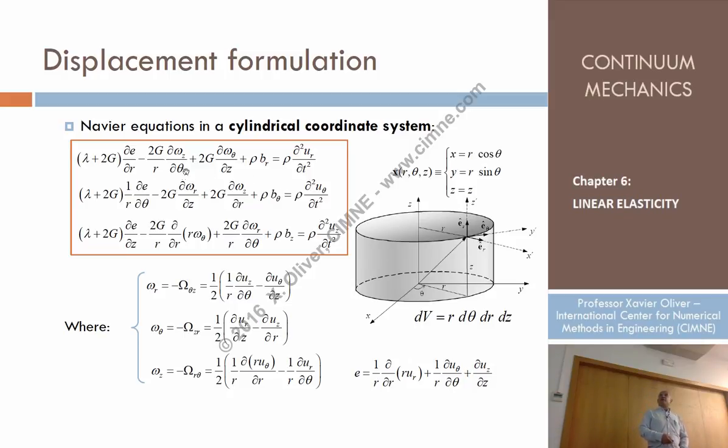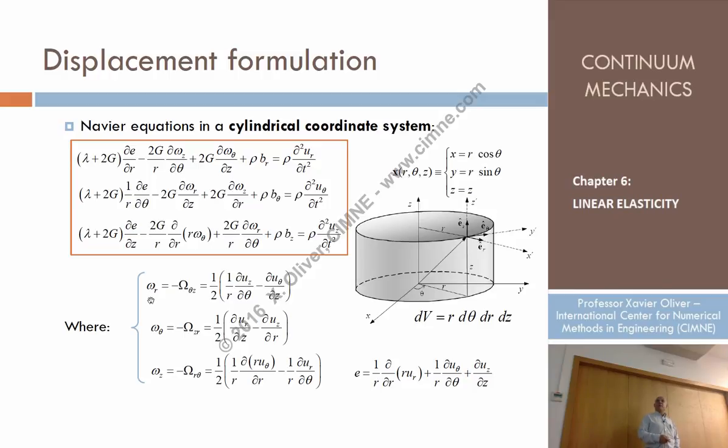And, well, you know that in order to compute these equations, they are written in such a structured way. First you compute the E. What is E, remember? What did we use the term E for denoting? The volumetric strain, you remember? So this is the volumetric strain in cylindrical coordinates.